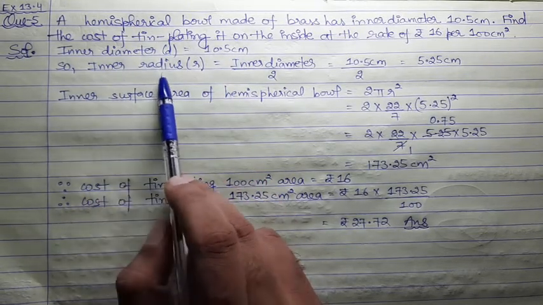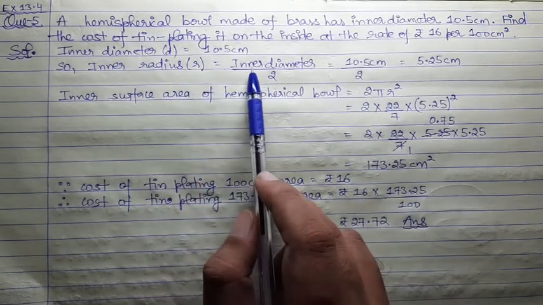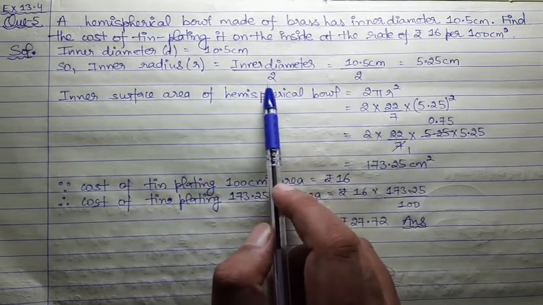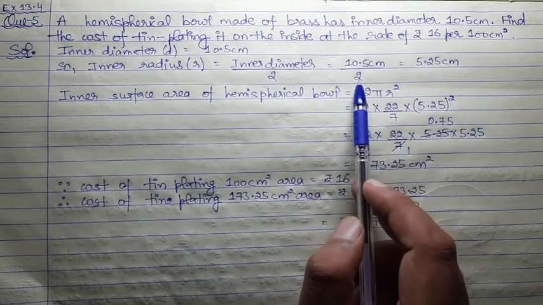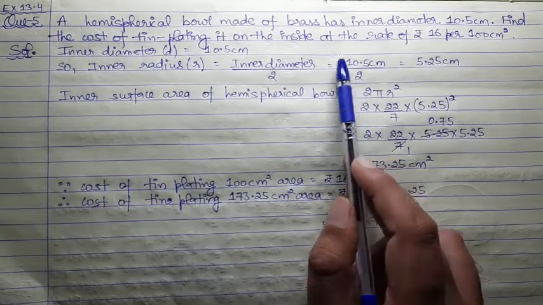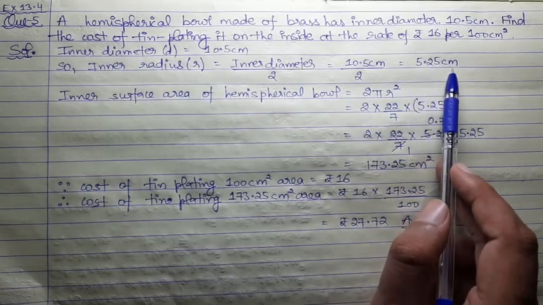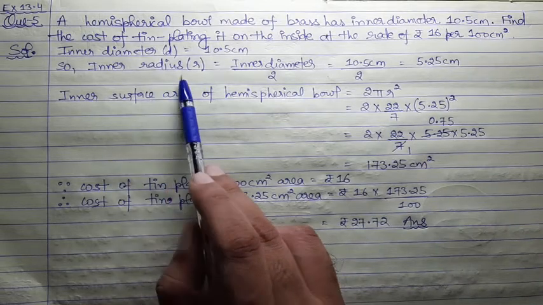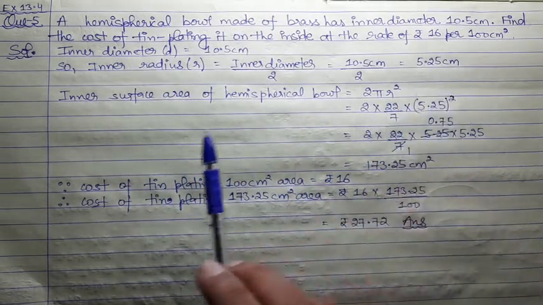So inner radius, let r equal to inner diameter over 2, which is equal to 10.5 centimeter over 2, and when we solve it, it will become 5.25 centimeter. So the inner radius is 5.25 centimeter.